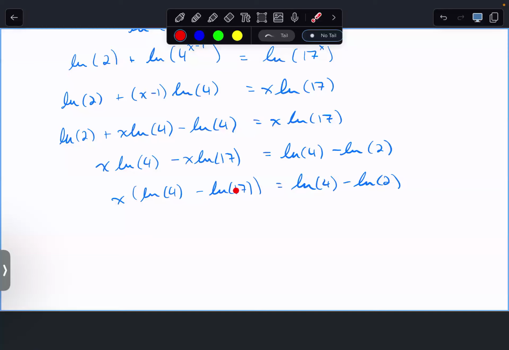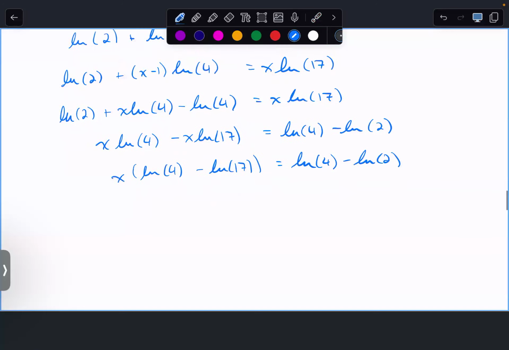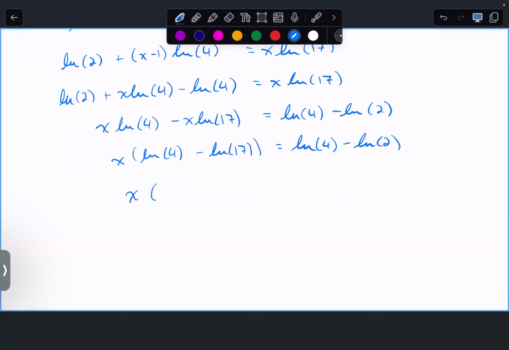But if they do, and I'm subtracting them, then I can zip those up and rewrite them as x times the natural log of 4 divided by 17. Same thing on the other side: the natural log of 4 over 2.